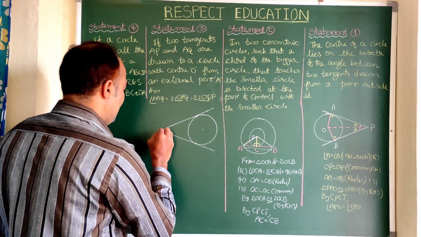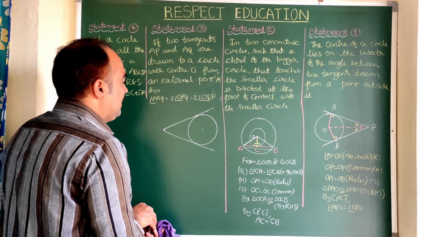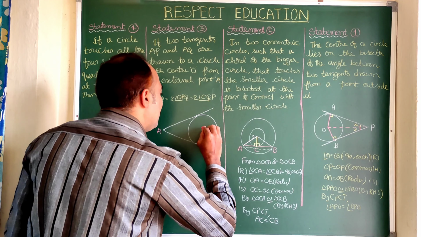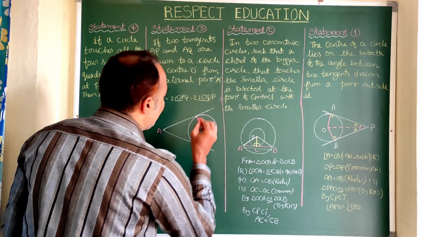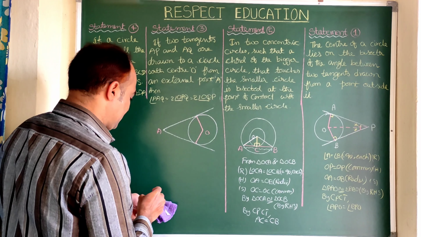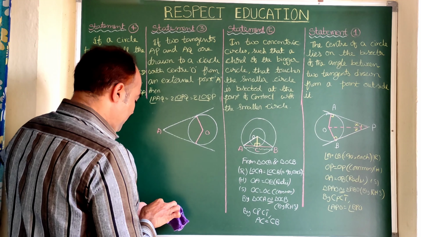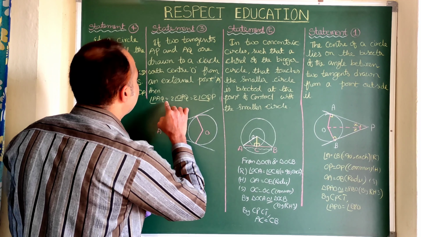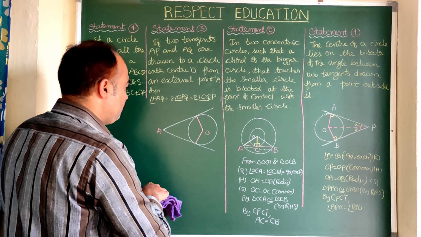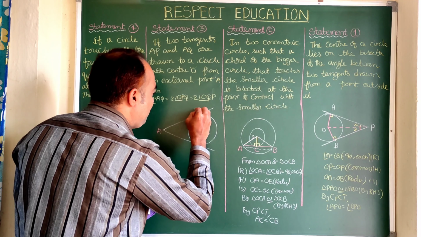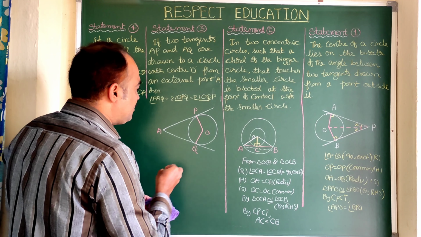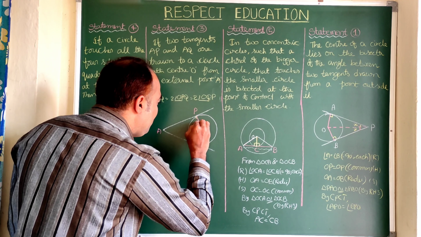Now let us label the center as O. Join the radius to each point of contact. AP and AQ are the tangents, so we take this tangent as AP and the other as AQ. Now let us join PQ.